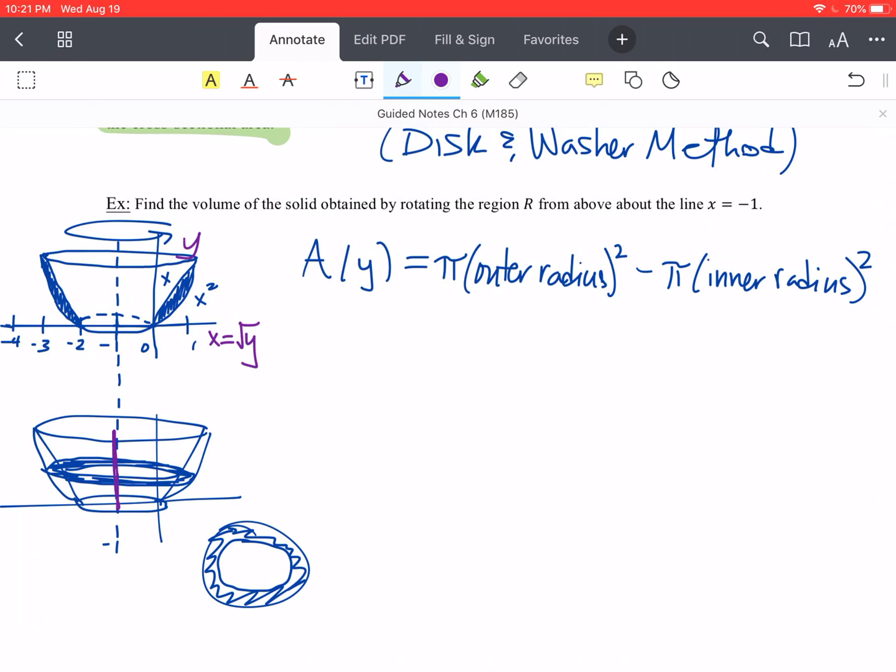Well, this length from 0 to the line, that length right there, that's y, right? Because that's what the line is, it's y. And then the length from 0 to the outer function, that's the square root of y.